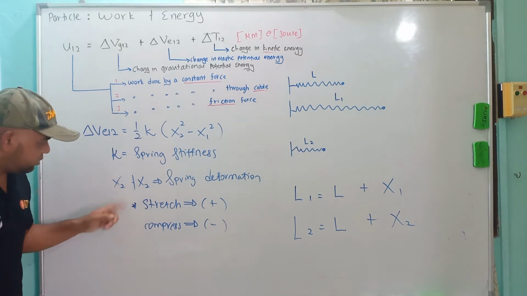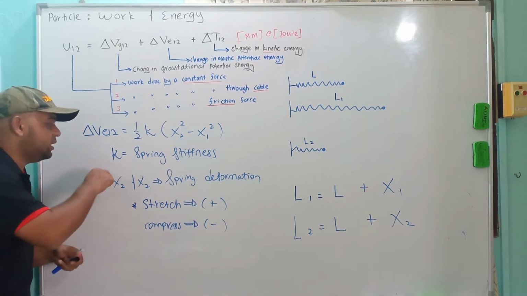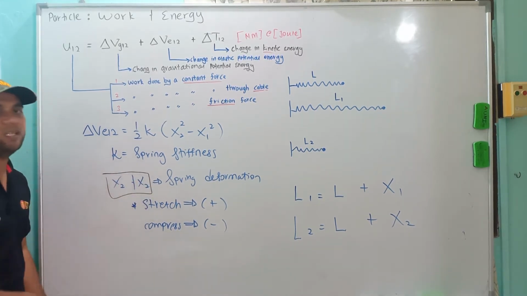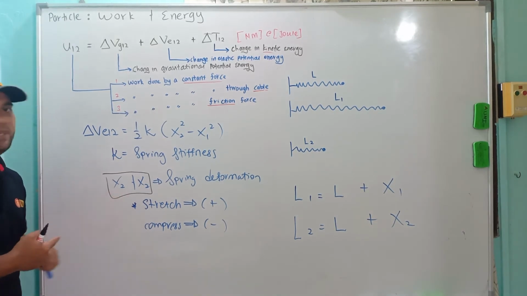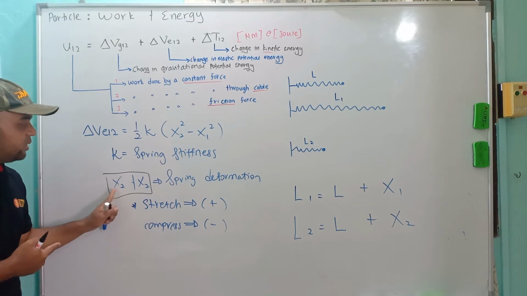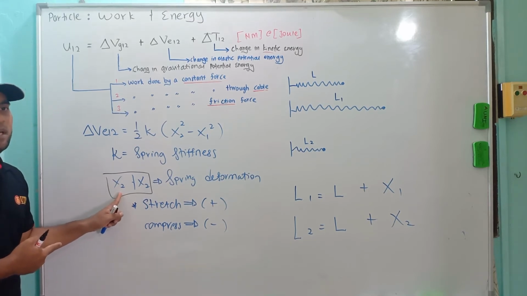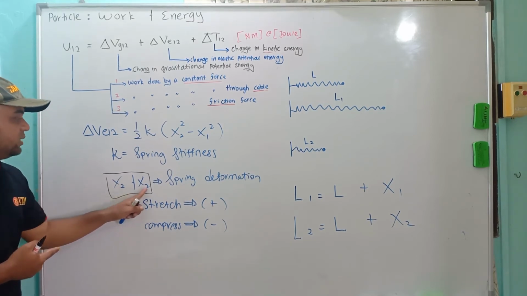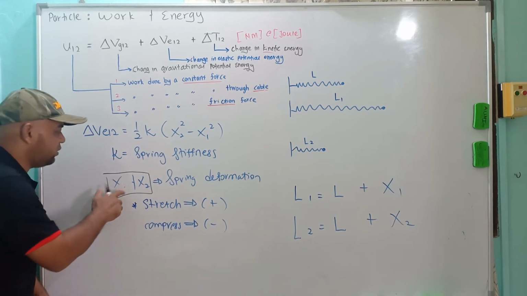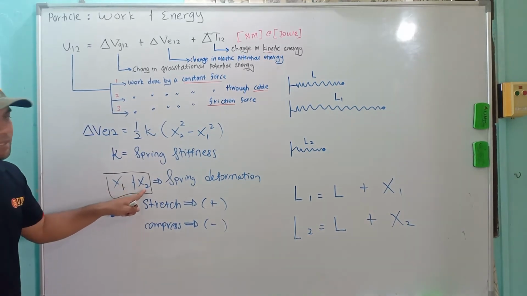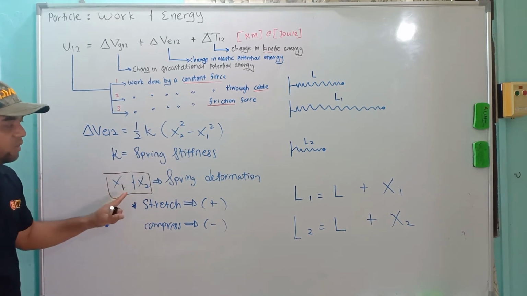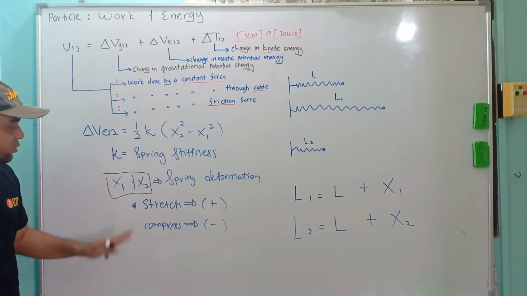But x1 and x2 cannot be seen from the figure because they are deformations. What you see is the length of the spring, not the deformation. So it can be tricky to determine the deformation x1 at position 1 and x2 at position 2. This might cause you some problems, but if you really understand it, you will be okay.